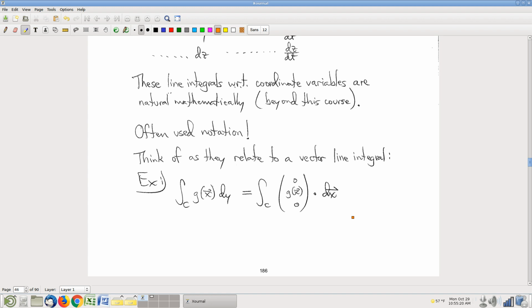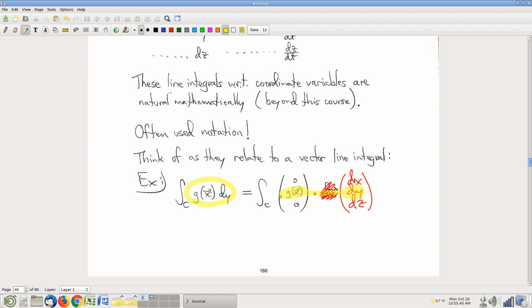Well, dx, of course, let me scratch this out, this dx is dx, dy, dz. And so the only way I can get g times dy is if g is the second coordinate of this vector field. That makes sense to everybody?